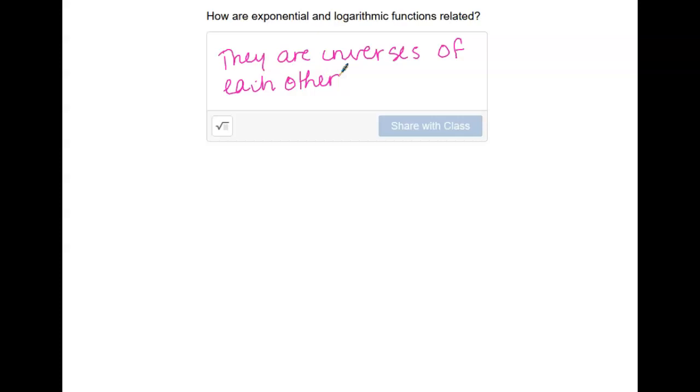Okay, so like addition and subtraction are inverses of each other. So if you have an equation like x plus 8 is equal to negative 17, you would use subtraction to solve this because subtraction undoes addition. So you would subtract 8, and then you would be able to figure out what x is equal to.